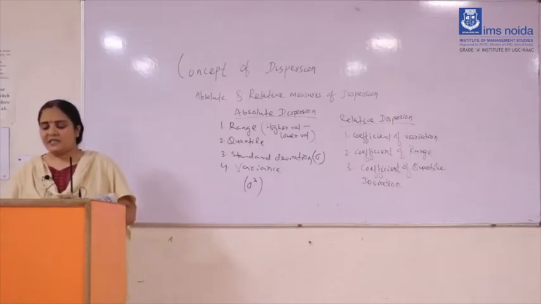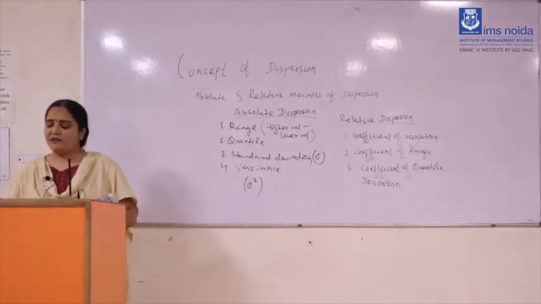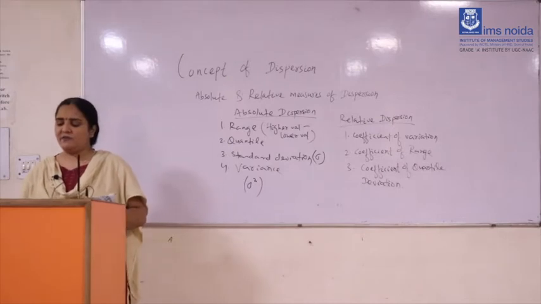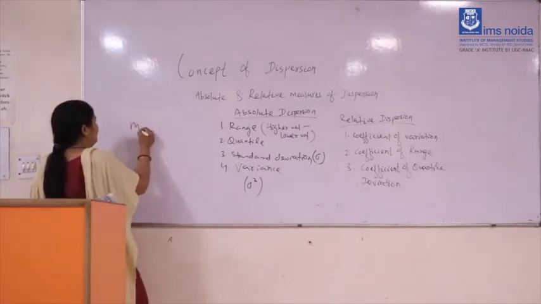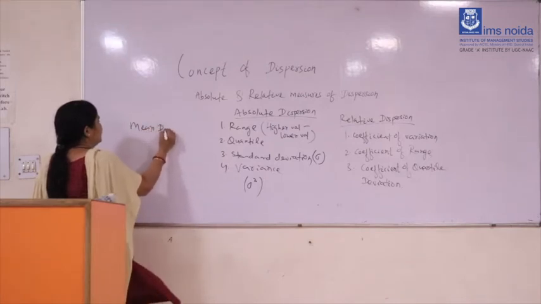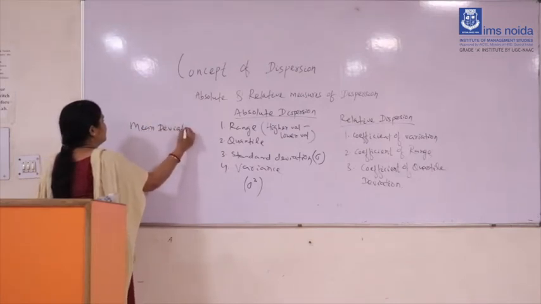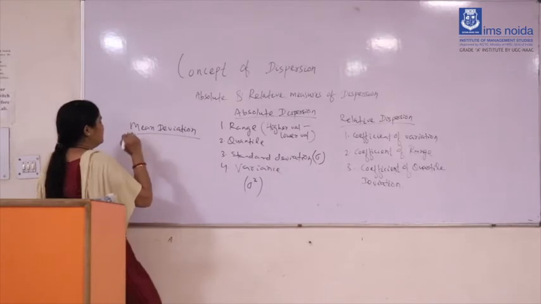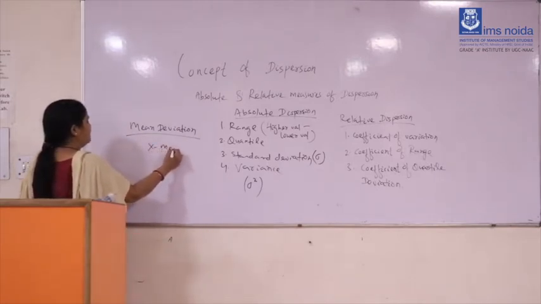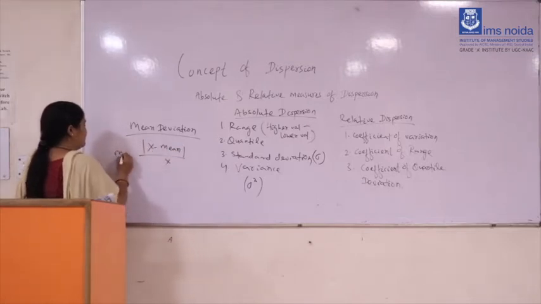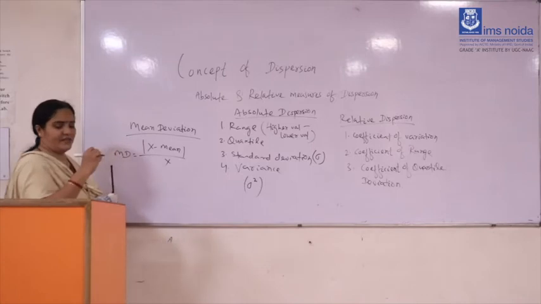So now we will discuss how to find the mean deviation, or average deviation. What is the formula for mean deviation? Mean deviation is the summation of mod x minus mean, divided by n. This is known as your mean deviation.